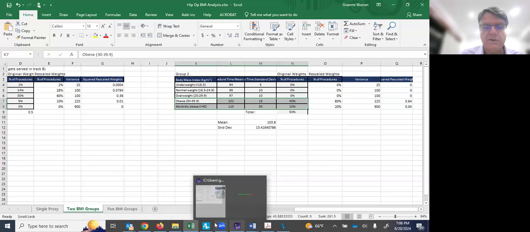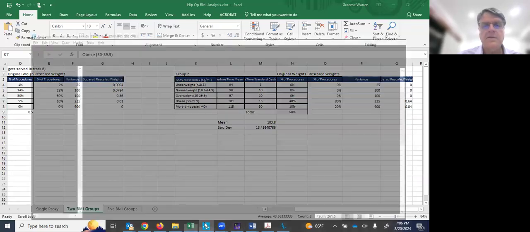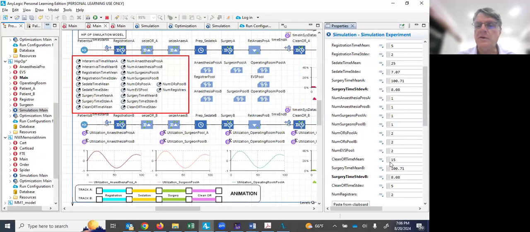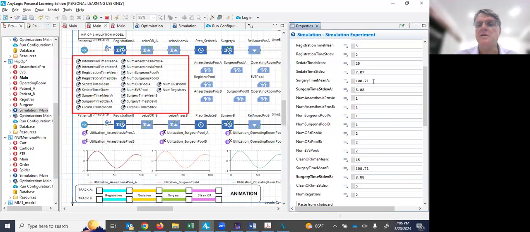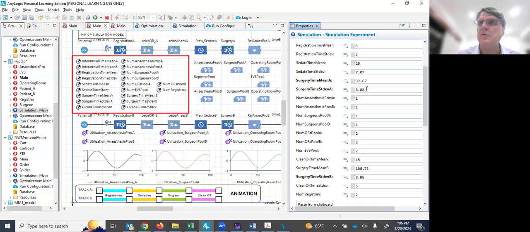Okay, so I go into my simulation, and all I need to do is change the numbers for these two tracks. Surgery mean in A is now 97.62. This is now the lower 50%.